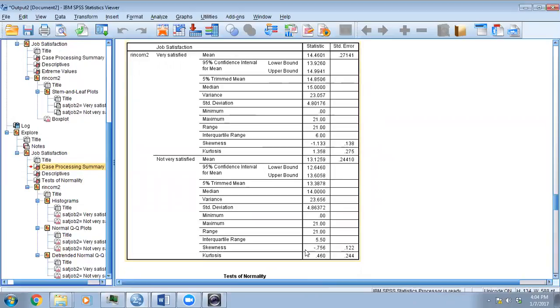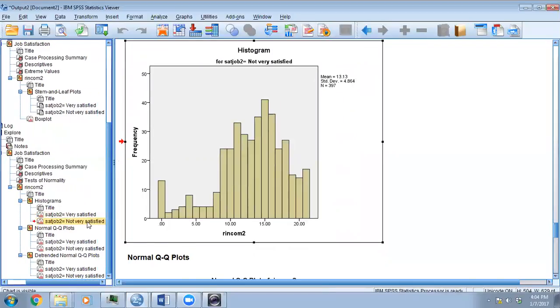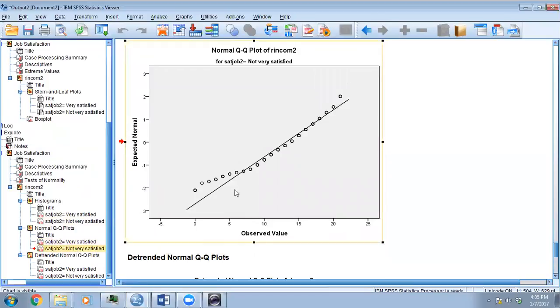This is the case for both very satisfied and not very satisfied here. The histogram, as you can see, is negatively skewed here, right? And the not very satisfied group is also negatively skewed a little bit here. The QQ plot sort of confirms the same thing.